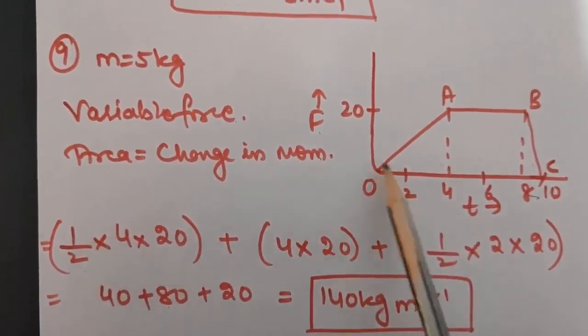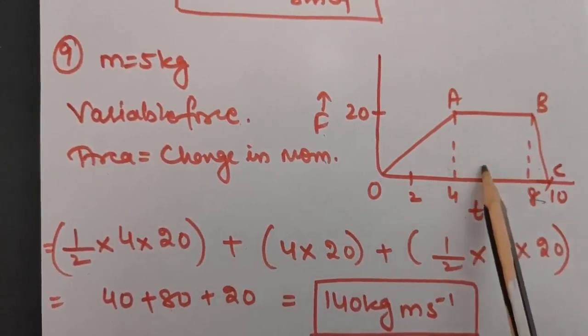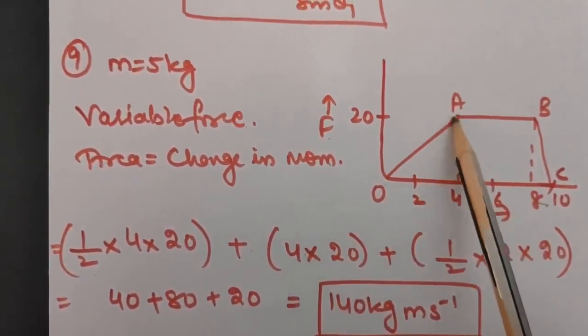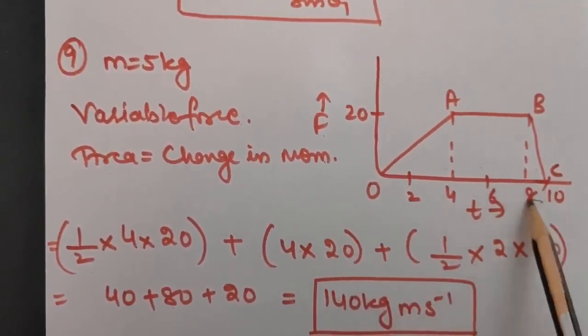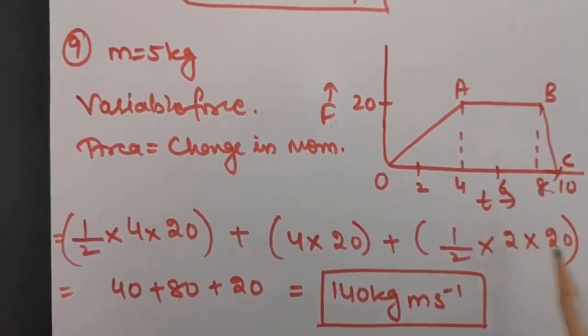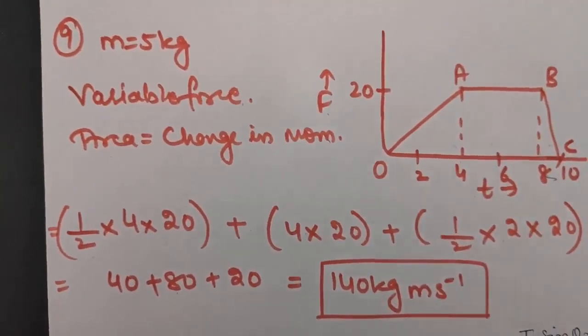So half, base is 4, height is 20. Okay, plus rectangle's area is length into breadth. That means 8 minus 4 is 4, and again your length is 20 only. Plus again half into base, that is 10 minus 8, that is 2, and height is again 20. So just solve it, you will get the answer to be 140 kilogram meter per second.